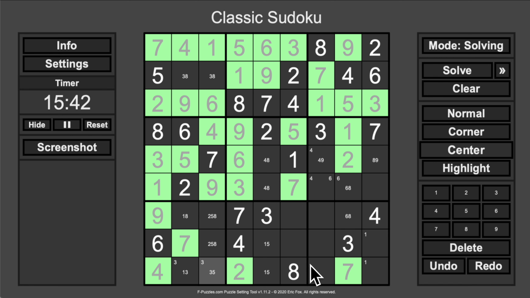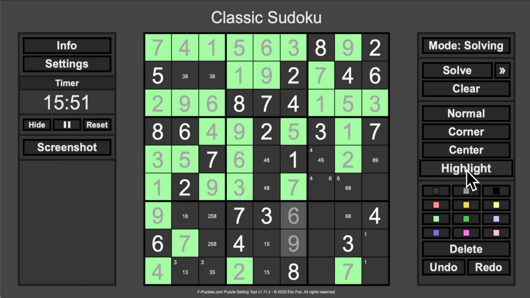Let's see, column 6. I need 6 and 9, and thankfully I have givens for that. Okay, this 9 and this 9, one of these two is a 9. That has to be 6.